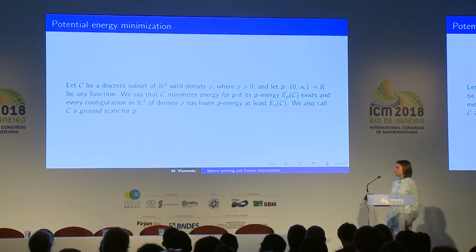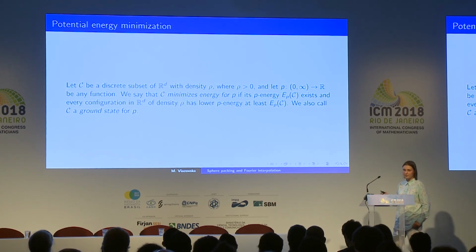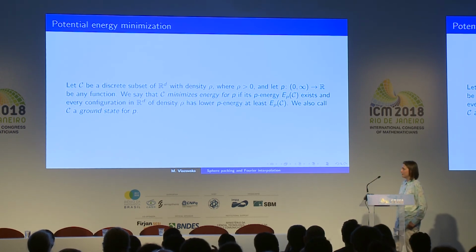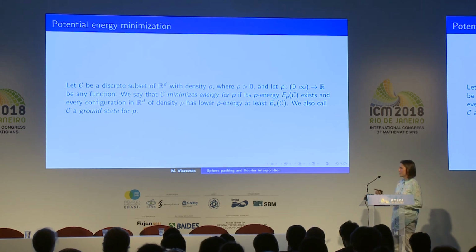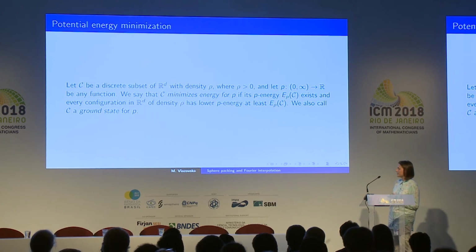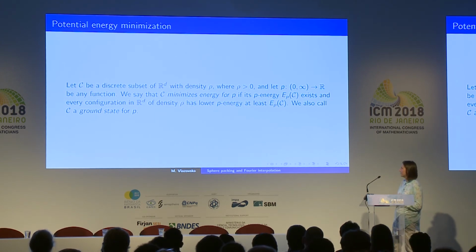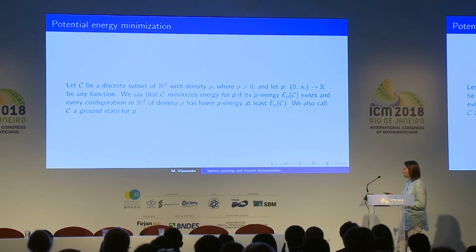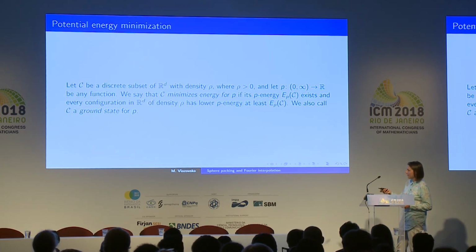So now the game we would like to play: we consider different configurations with the same density and try to find a configuration which has this energy as small as possible. And in some cases, this minimal energy will actually be attained by some configuration. And in this case, we will say that C is a ground state for P.